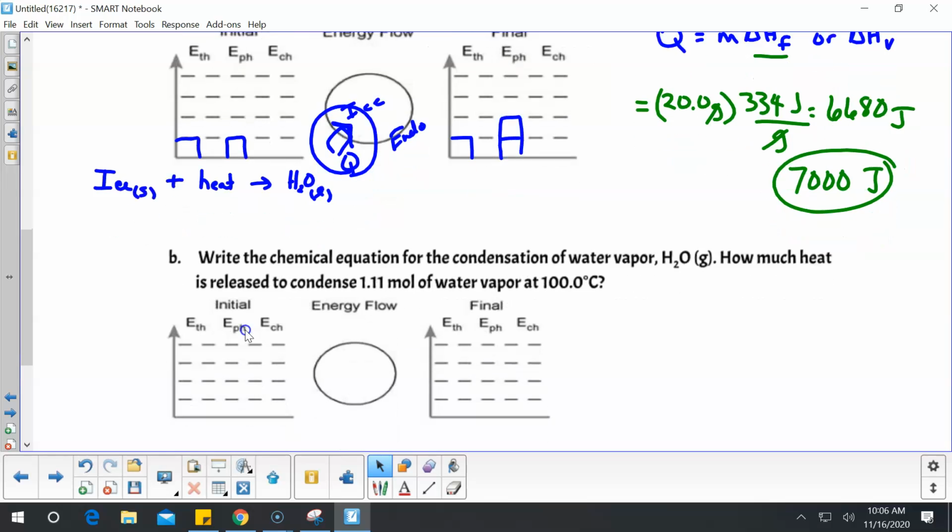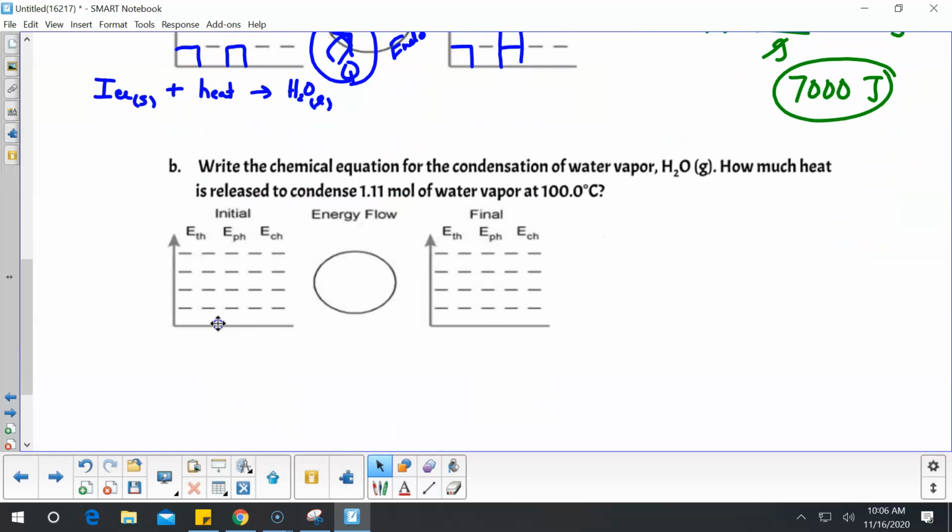So we're going to do one that is the reverse of that. They want the equation for the condensation of water vapor. How much heat is released? There's our heat. There's our clue right there, that we're going to be releasing heat from this. So we're going to start out with this vapor. And it's a vapor, so it's going to start out with 4 bars.